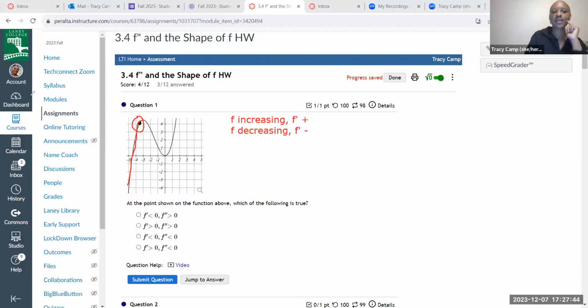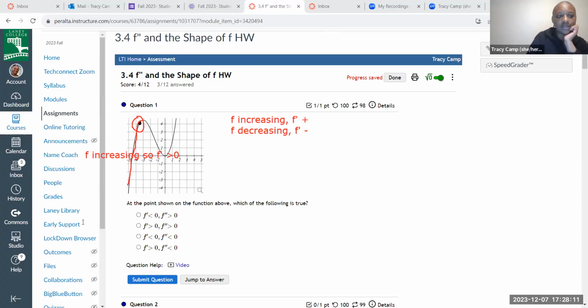And so I would say that right here, my graph f is increasing, which means that my derivative has to be positive. And the way we say positive in mathematics is we say greater than 0. So we know that our f prime has to be greater than 0.